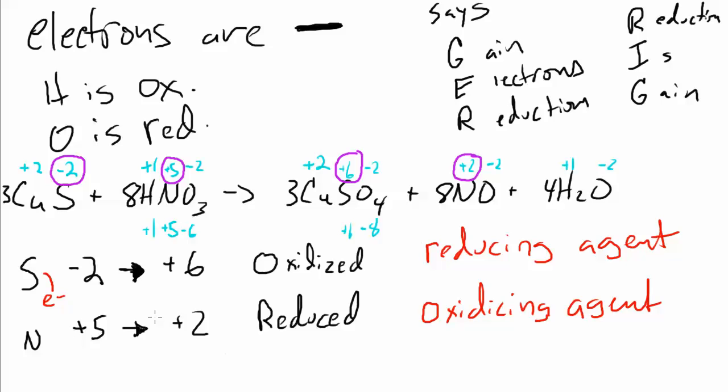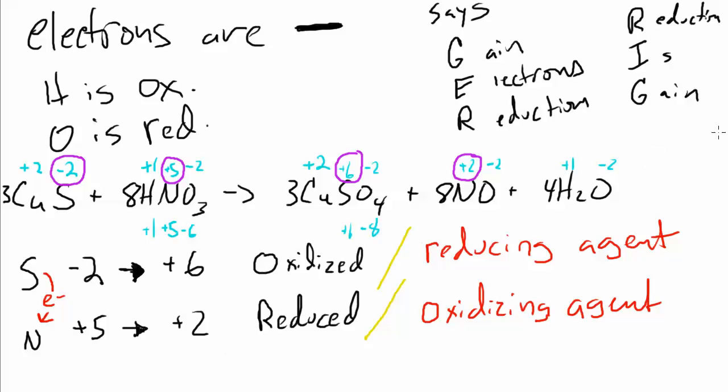Well, they go to the thing that's reduced because they had to gain electrons. So they're gaining the electrons. So by sulfur sending its electrons to nitrogen, it's reducing the nitrogen. And by nitrogen taking the electrons from the sulfur, it's oxidizing the sulfur. So it's kind of a flip-flop, and that can be very confusing for some students. But the element that gets oxidized is the reducing agent, and the element that gets reduced is the oxidizing agent.